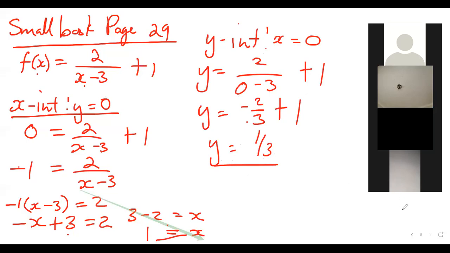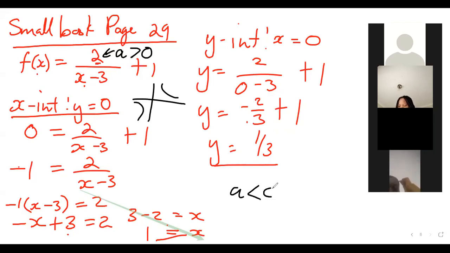Obviously, when you're sketching, you start with the asymptotes, then followed by the intercepts. And remember, this is your A. If A is greater than 0, you know that your graph is on the first and the third quadrants.